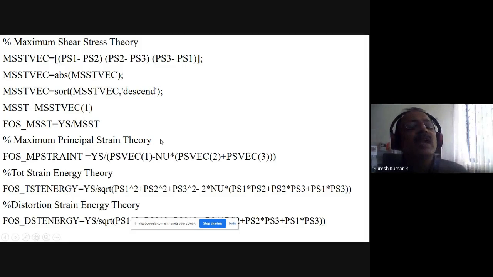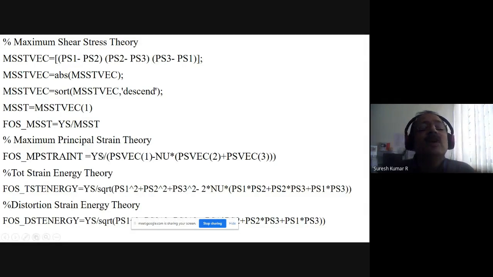Maximum principal strain: again sigma E by sigma 1 minus mu times (sigma 2 plus sigma 3). Total strain energy: sigma E by root of sigma 1 square plus sigma 2 square plus sigma 3 square minus 2 mu times (sigma 1 sigma 2 plus sigma 2 sigma 3 plus sigma 1 sigma 3). And lastly, distortion strain energy theory: sigma E by root of sigma 1 square plus sigma 2 square plus sigma 3 square minus (sigma 1 sigma 2 plus sigma 2 sigma 3 plus sigma 1 sigma 3).